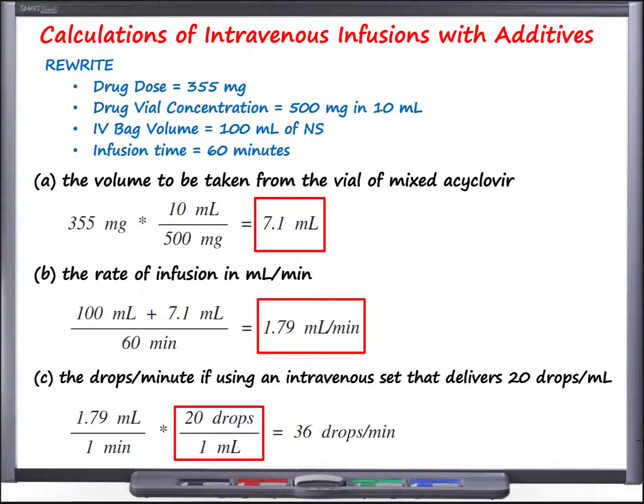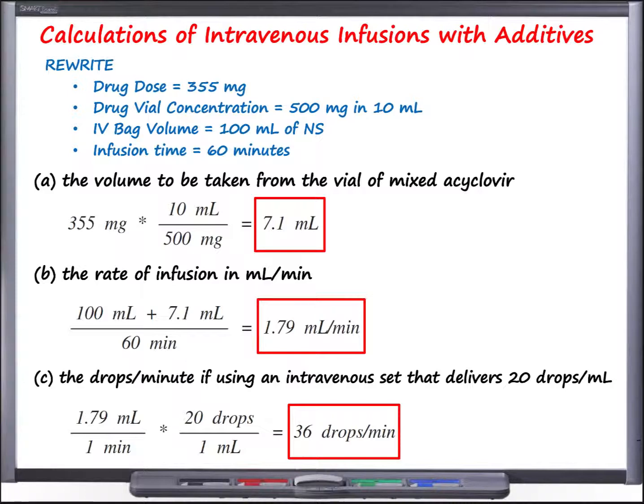And if we multiply by it expressed as 20 drops over 1 milliliter, then we can see that the units of milliliters will cancel, and our final answer would be in drops per minute. And doing the math across, we see that 1.79 milliliters per minute is the same as 36 drops per minute if we use an IV set calibrated to deliver 20 drops per milliliter.